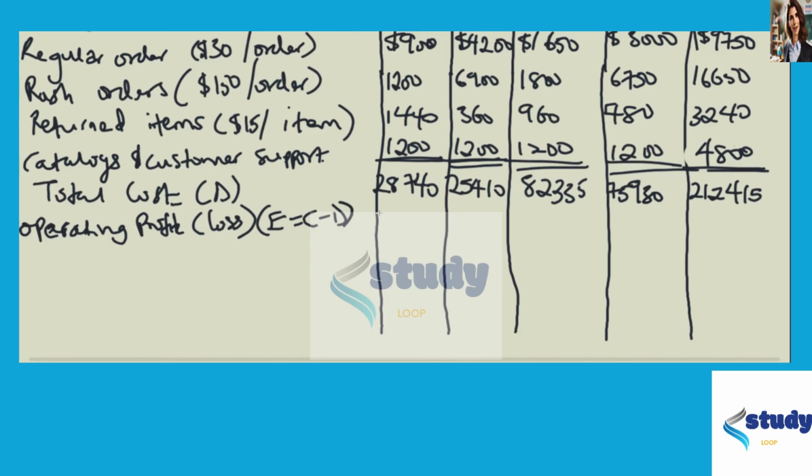For customer 1, the operating profit will be 3,260. For customer 2, it's a loss of 8,410. For customer 3, it's 19,965, and there's a profit. And for customer 4 it is $10,070. So the total will be 24,885.